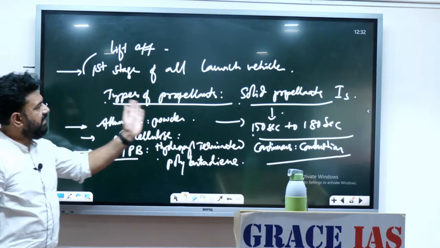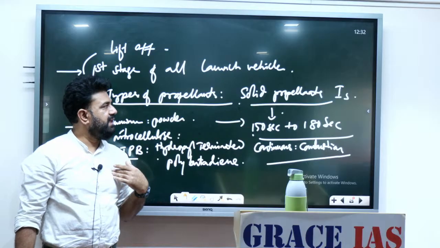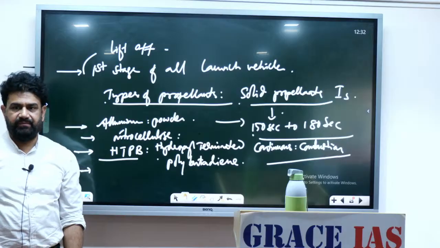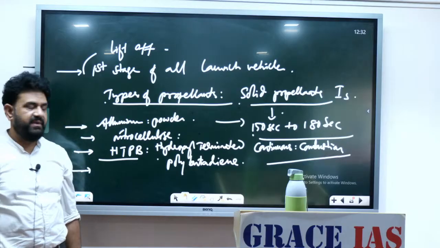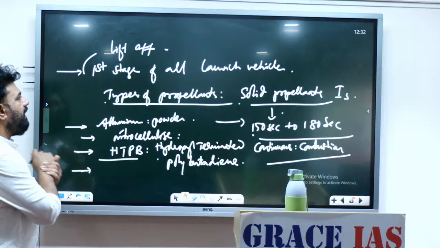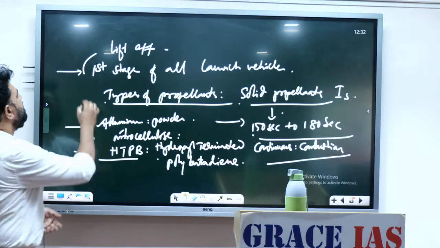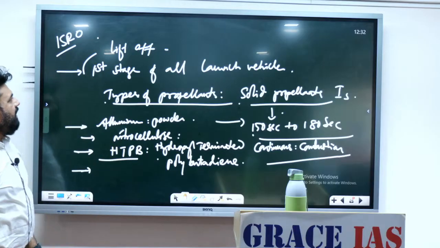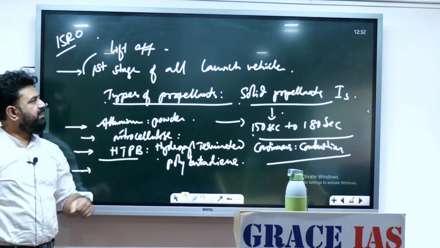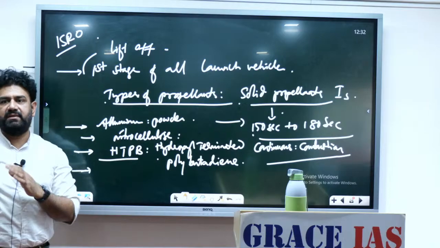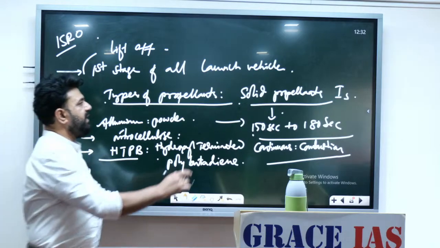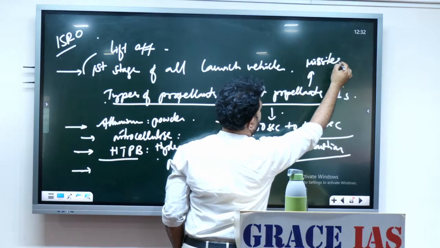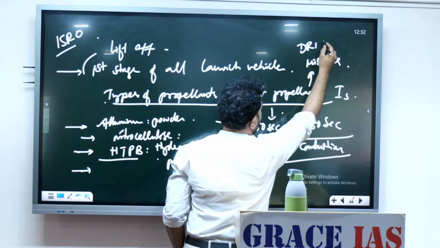After the propellant gets completely combusted, the propellant chamber is detached from the body of the launch vehicle. That becomes one stage. Usually all launch vehicles launched by the Indian Space Research Organization use solid propellant in the first stage, and the same technology is used in missiles used by DRDO.